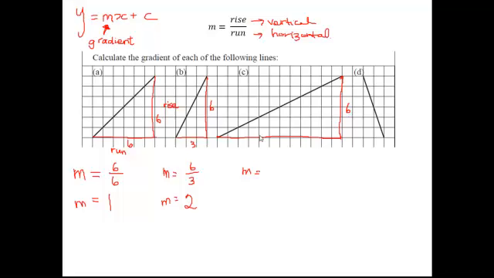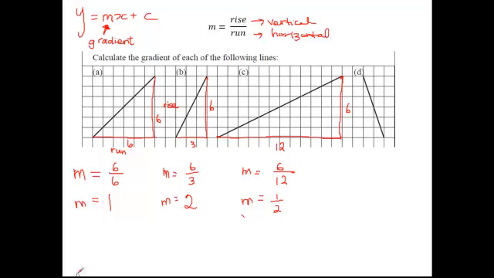Our rise is 6 and our run is 1, 2, 3, 4, 5, 6, 7, 8, 9, 10, 11, 12. Okay, we've got a rise of 6 and a run of 12. So our gradient, let's just calculate it, is 6/12, which simplifies to a half. And that makes sense, right? Because this one is less steep than the first 2, and so the gradient is less.